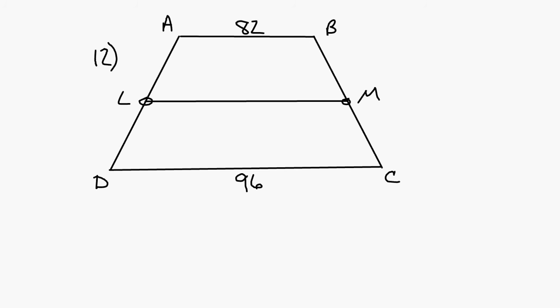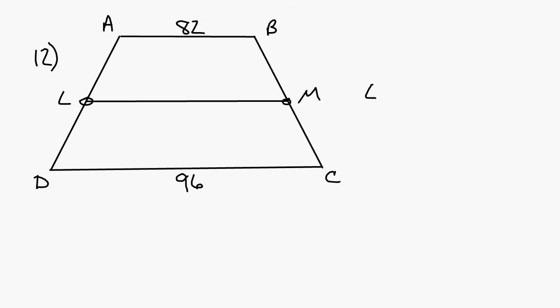And in your notes we said that the length of a mid-segment is equal to the average of the two bases. So LM is going to be equal to 82 plus 96 divided by 2.